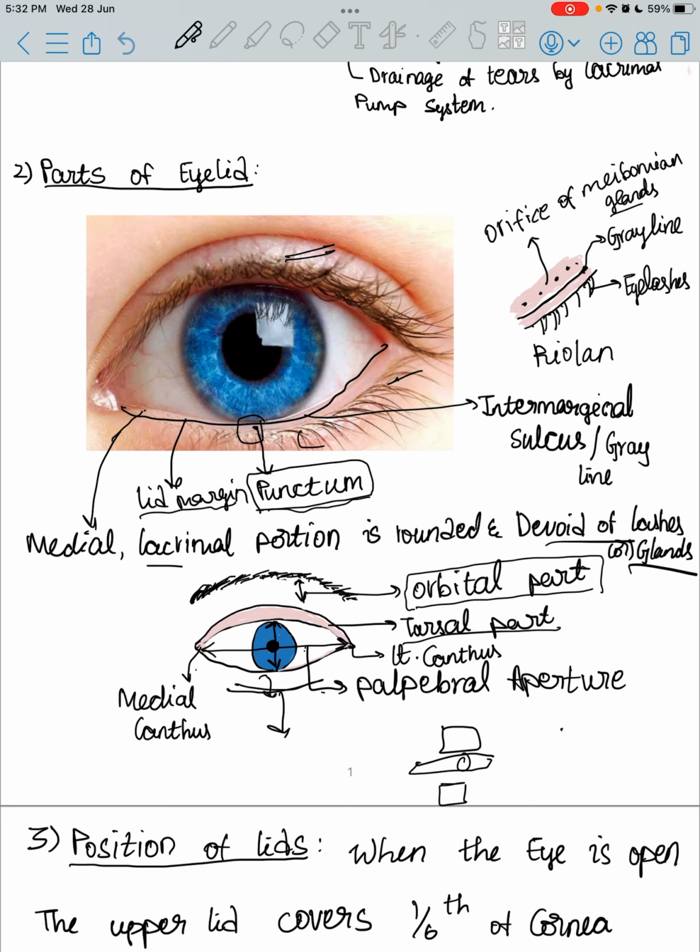The gray line is present in the lateral ciliary portion. It is also known as the intermarginal sulcus.